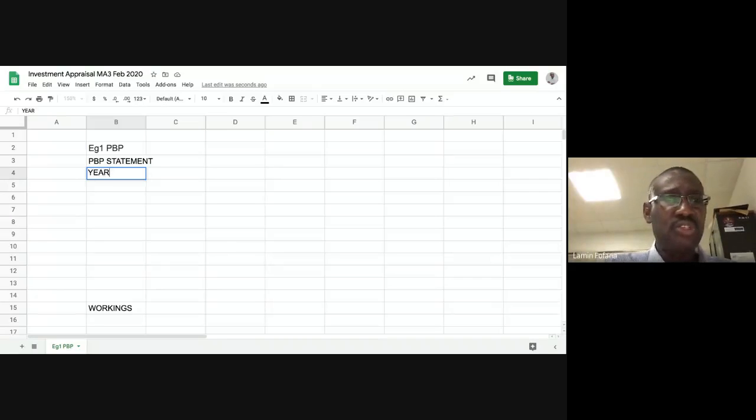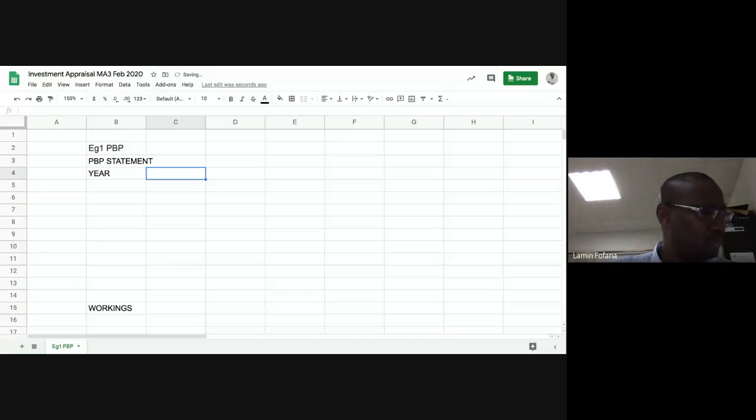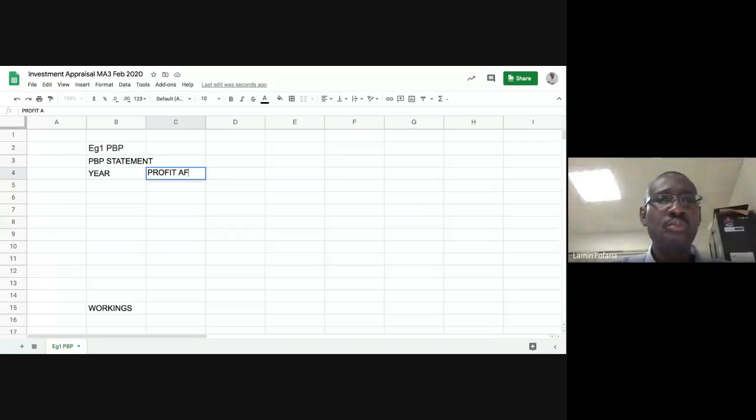So let's do our format. Let's lay out our format. So you have here profit after depreciation. I'm going to format this so that it can fit within a smaller space, because we don't need to expand all this, right?